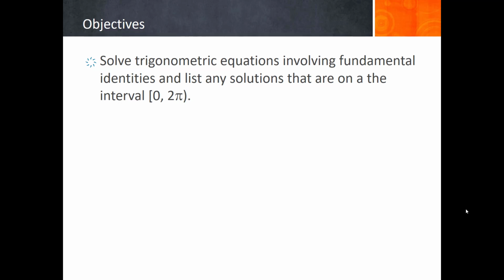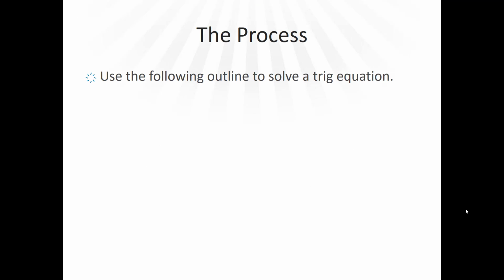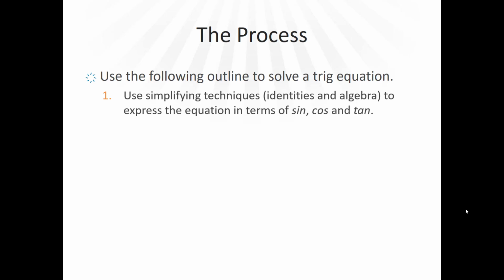So let's look at the overall process that we can follow to solve trig equations. Again, we won't look at all these points, but we'll look at most of them in this video. The first step is to simplify your equation.